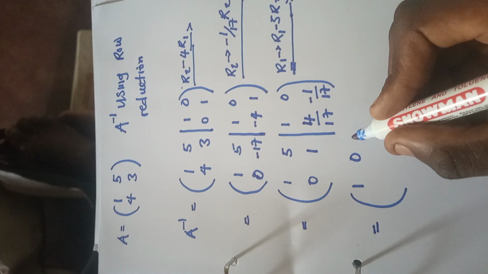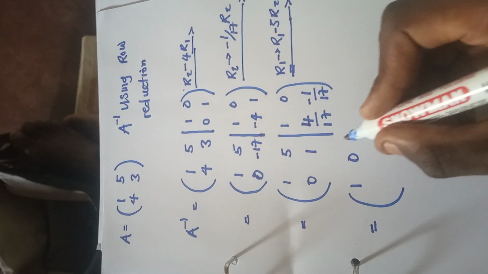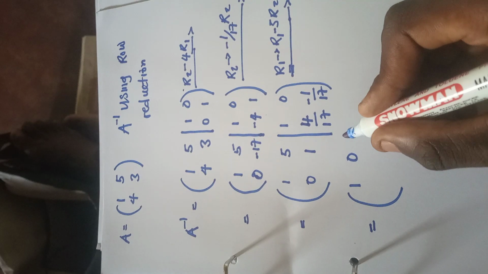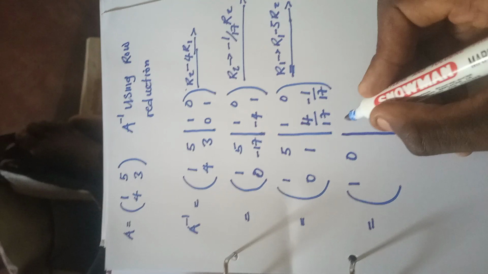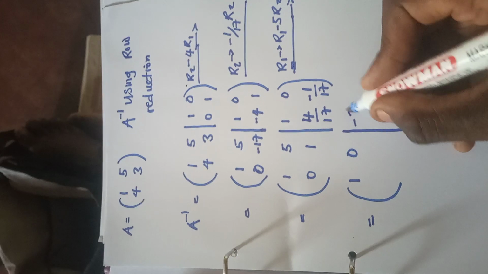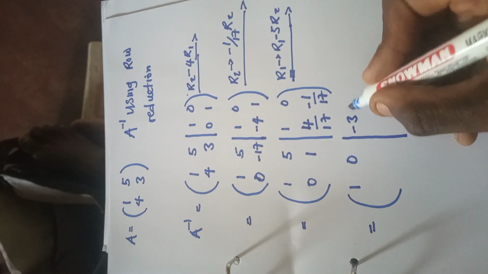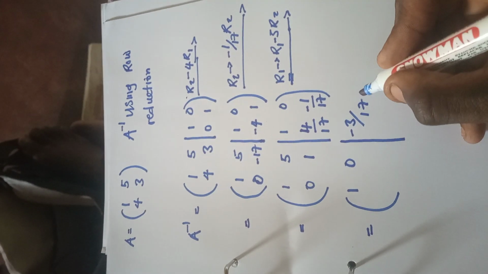So I'll write a straight line, I'll write a number here. So I'll have negative 3 over 17.